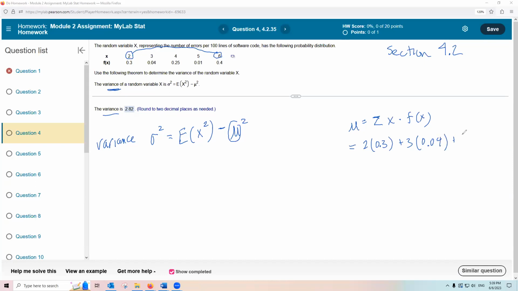I'm just taking each x value times its corresponding f of x value from the table, and then 5 times 0.01 plus 6 times 0.4. So this is the mean. I'm going to work this out quickly on my calculator. And if I do that, I'm getting the mean is 4.17.